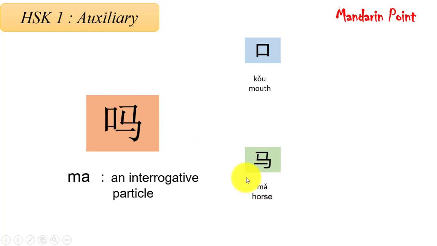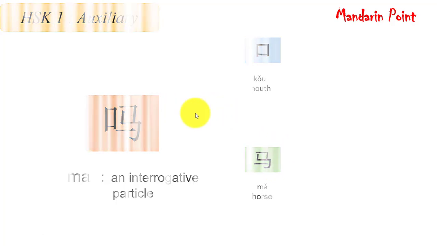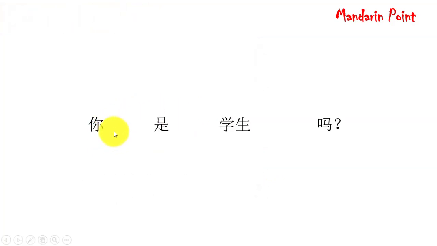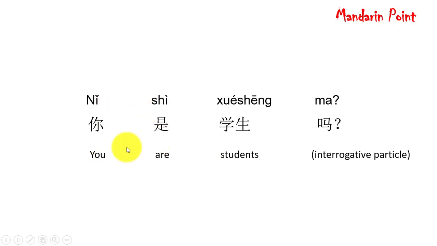Both have different meanings and both are different characters as well, but this one is a part of this one. Let's find it in an example sentence. 你是学生吗？You are students, and it is an interrogative particle, so it means he's asking, are you students?